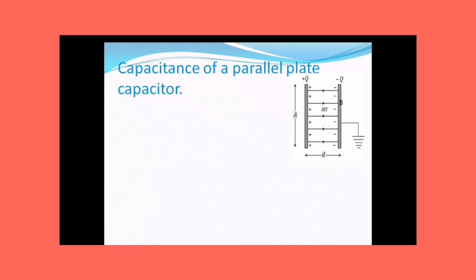The surface charge density is given by the formula sigma = Q/A. By Gauss theorem, the electric field between the plates of a parallel plate capacitor is equal to sigma/epsilon naught, which is further equal to Q/(A epsilon naught).